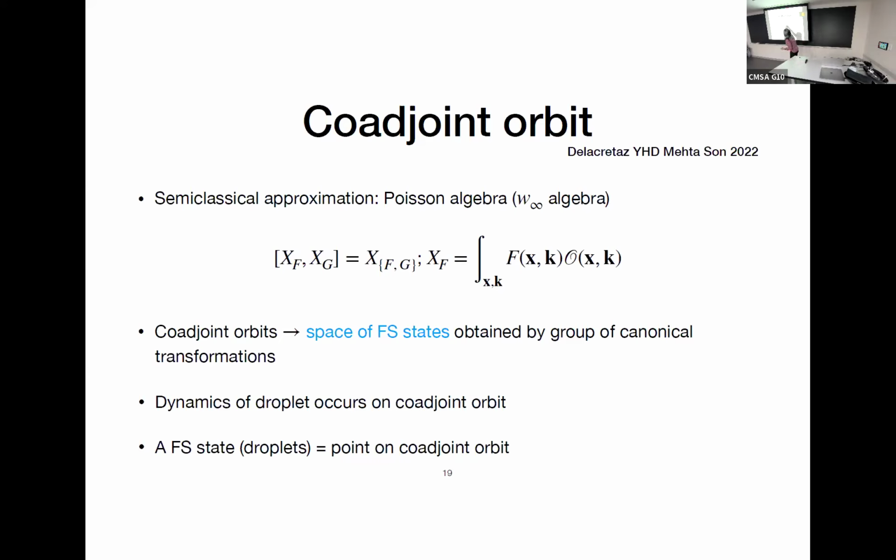For example, if you define some operator, where f is an arbitrary function of the phase space and this O here is just the fermion bilinear that we defined previously, the algebra of two operators is related by the Poisson bracket. This is actually the Poisson algebra, or it has another name, the W infinity algebra, in the semi-classical limit.